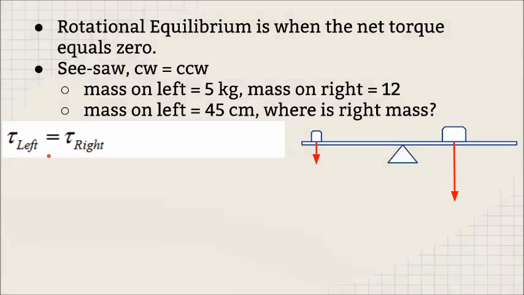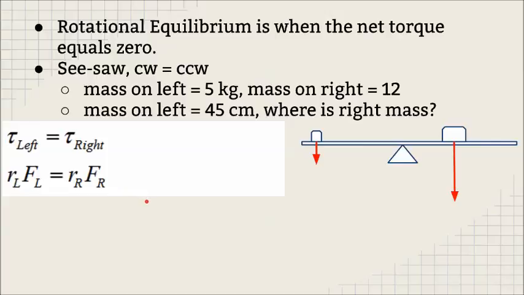These are both the distance from the axis of rotation. These are both going to be perpendicular, so we can just ignore the sine on both of them because we don't need components. We can just use them directly. So I label this the radius of the left one times the force of the left one equals the radius of the right one and the force of the right one.